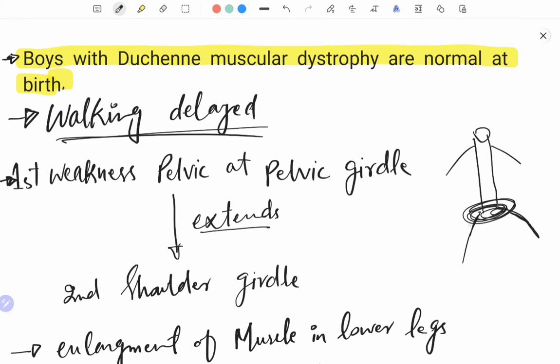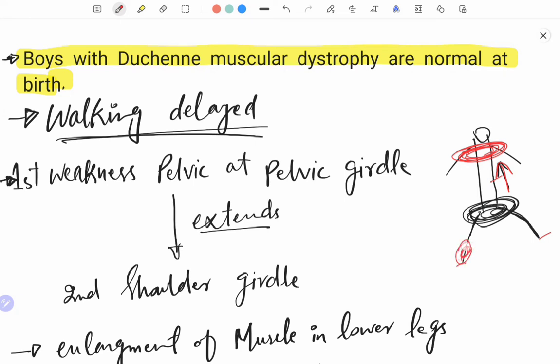First, the weakness appears in the pelvic girdle, and this weakness extends superiorly to the shoulder girdles. This weakness appears in this upper direction, and in the lower legs.